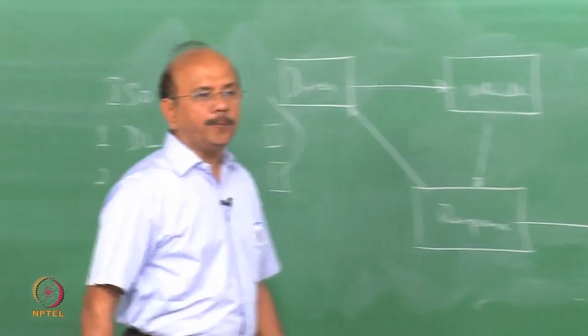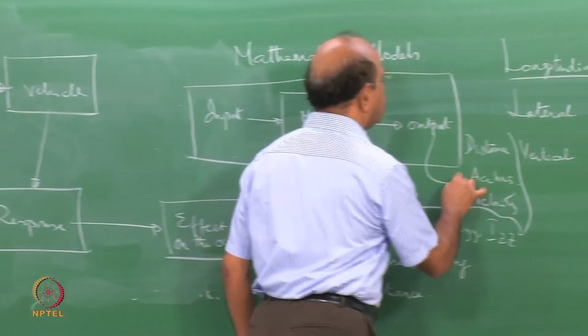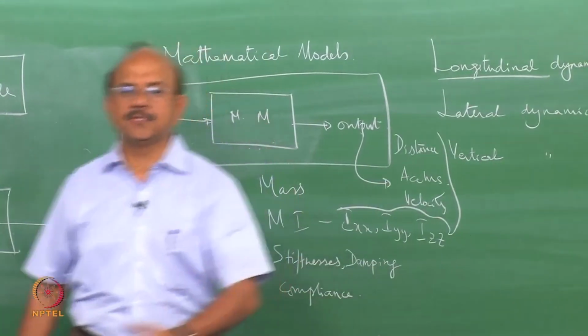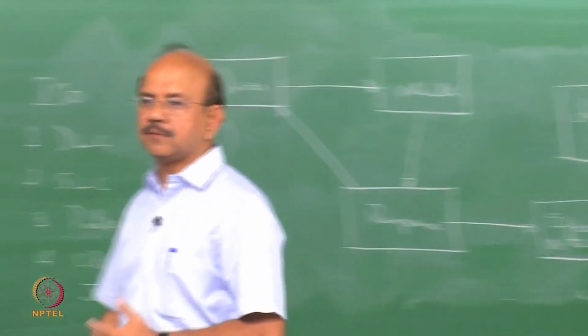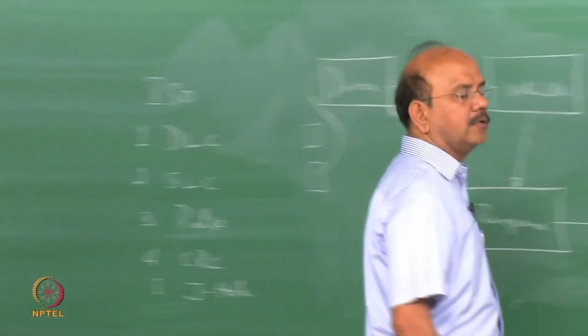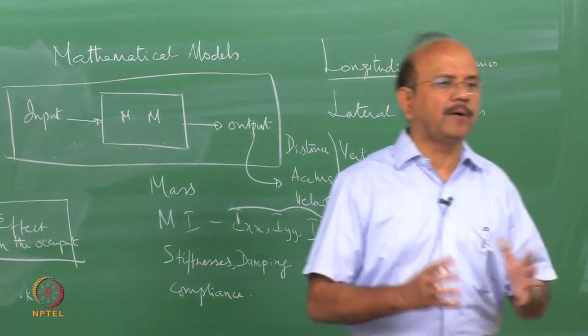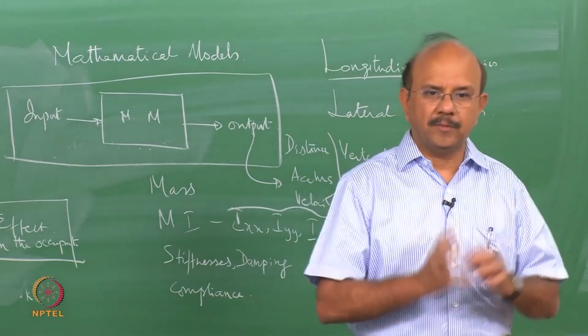So, the outputs will now be in terms of these quantities: distances, accelerations, velocities and so on. There will be other things, we will see that later, but all of them have to do with the dynamics.